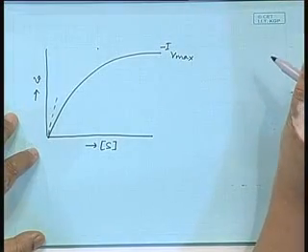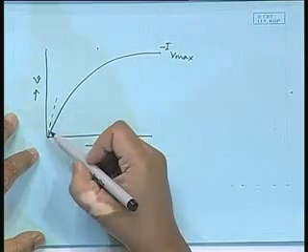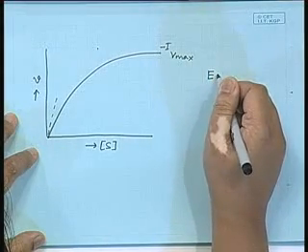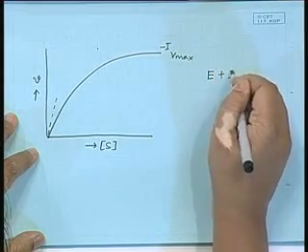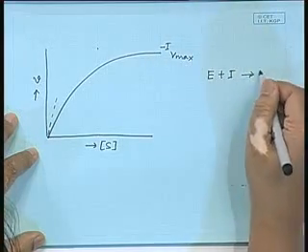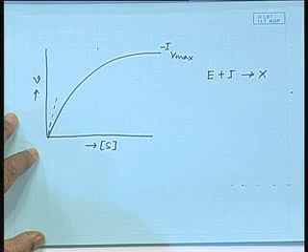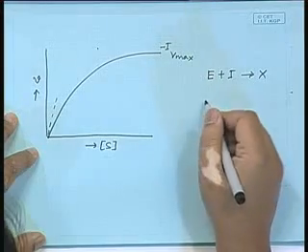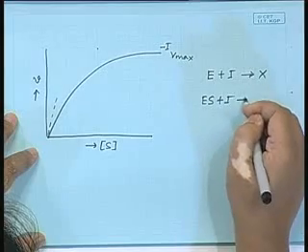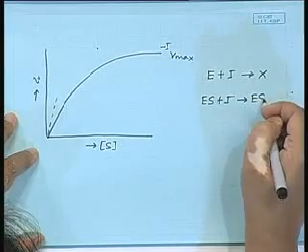the Km also is affected, but the difference here is that E plus I does not take place. There is no E plus I here. There is only ES plus I to form ESI.